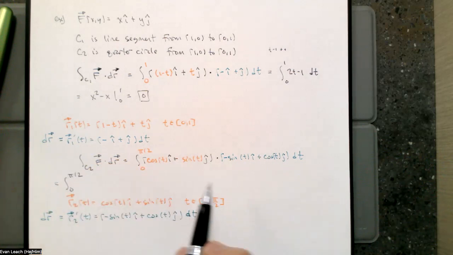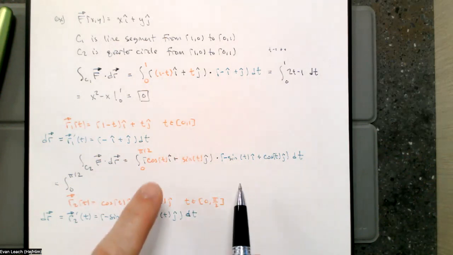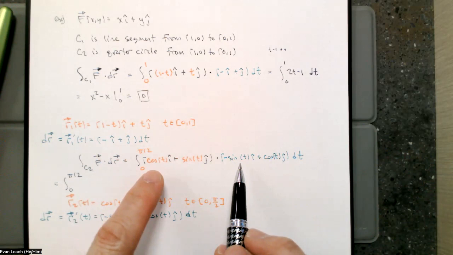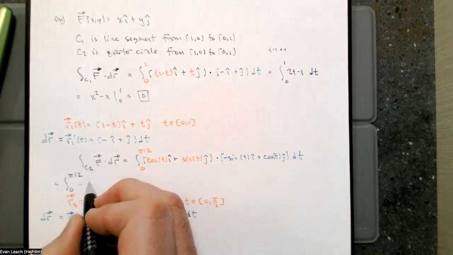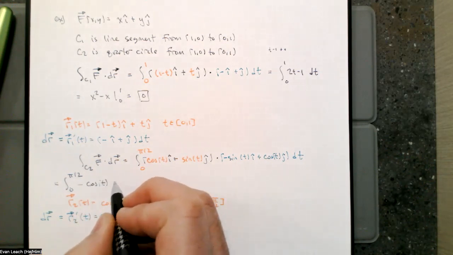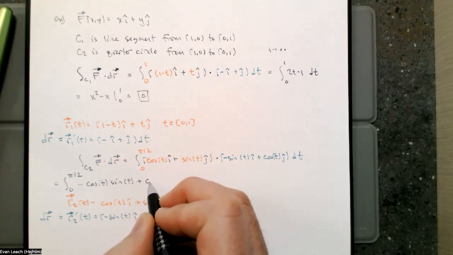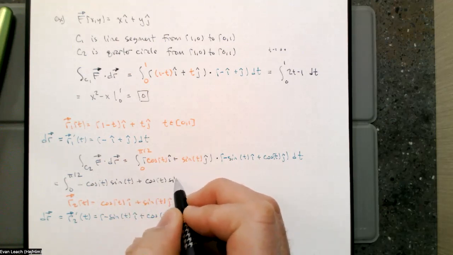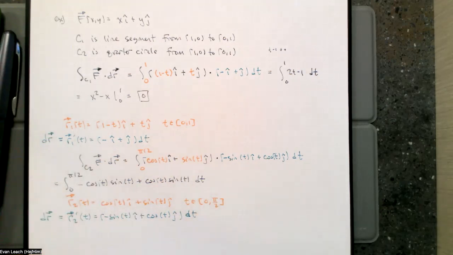And I find the dot product of f at r and dr. So that's going to be cosine t times negative sine t, and then sine t times cosine t. So we're going to integrate the function 0 from 0 to pi over 2 and come up with 0.